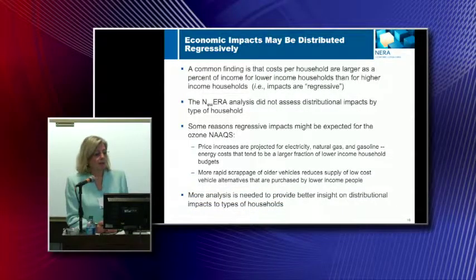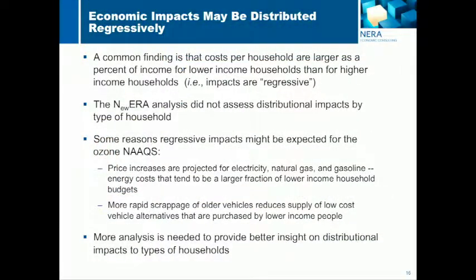Now, economic impacts are widely expected from any of these kinds of regulations to be distributed regressively, meaning the lower income households are expected to bear more of the burden. A larger proportion of their disposable income is likely to be absorbed by the cost increases in goods and services from regulations.